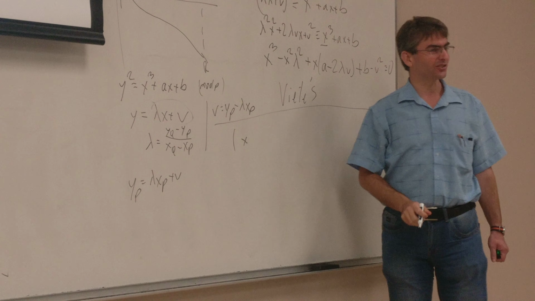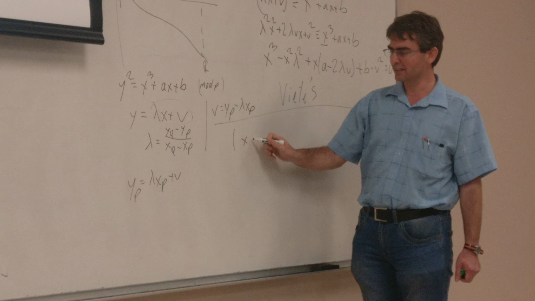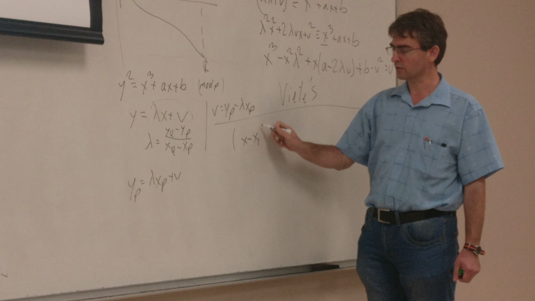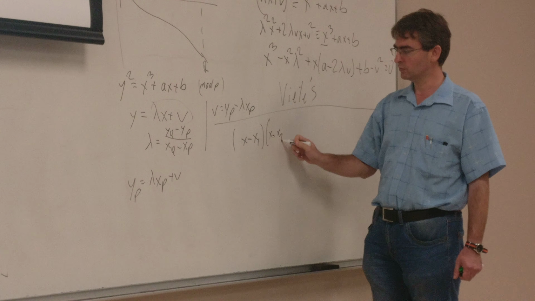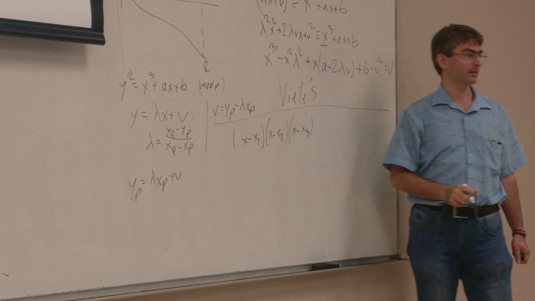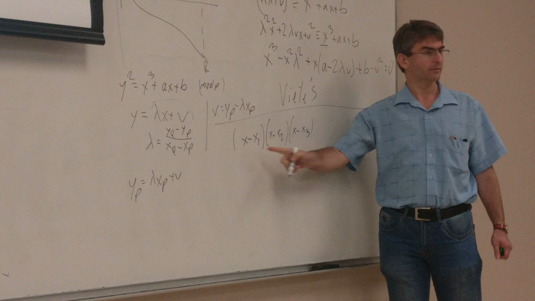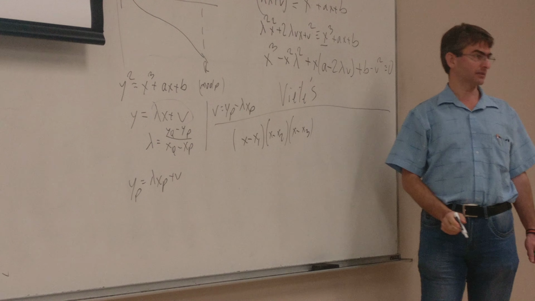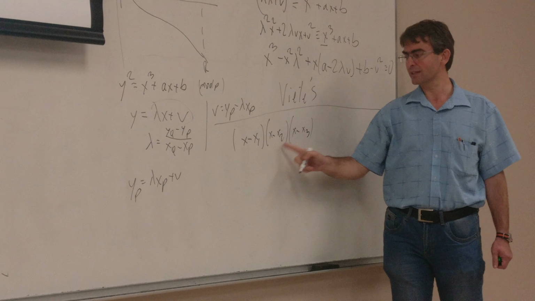An equation of degree 3, if decomposed, can be written like this: x minus x1, times x minus x2, times x minus x3. That's how you write a monic polynomial of degree 3. It has the highest exponent's coefficient at 1, and x1, x2, x3 are the roots.